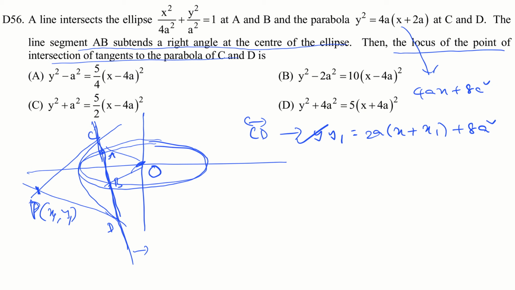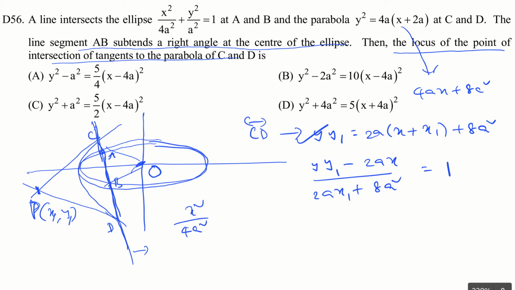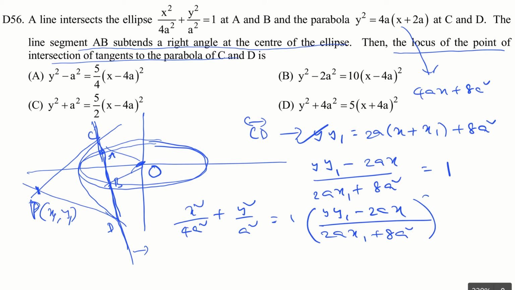So going for it, homogenizing, it is (y1 minus 2ax) by (2ax1 plus 8a square) equal to 1 I have. So homogenizing the ellipse equation, x square by 4a square plus y square by a square is equal to 1 into (y1 minus 2ax) by (2ax1 plus 8a square) whole square.